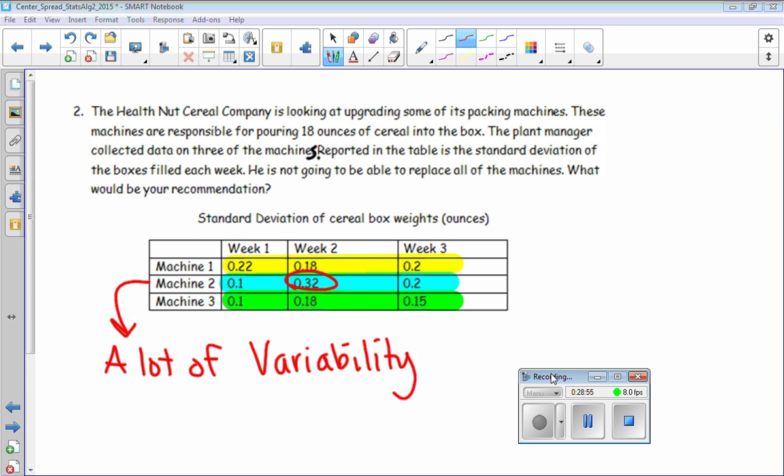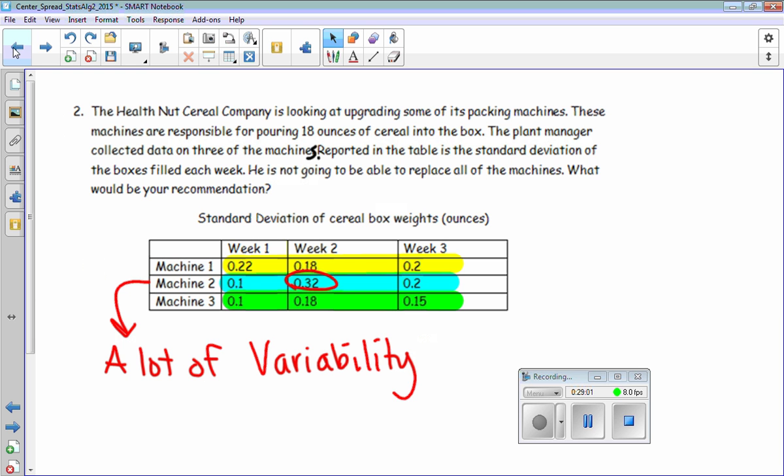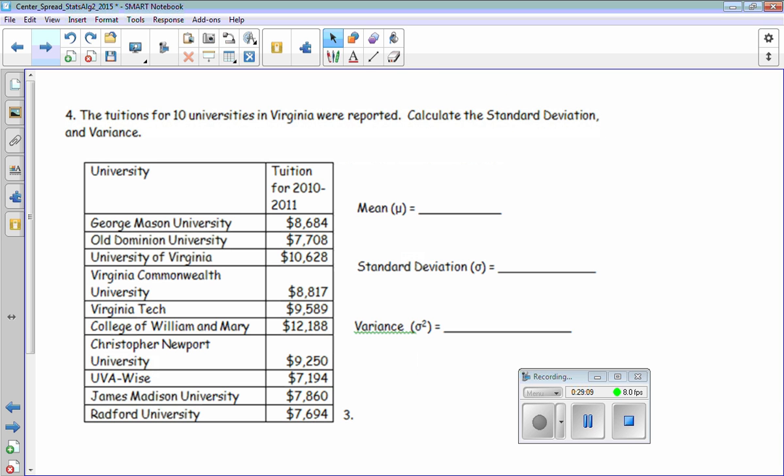All right, so your homework is going to be doing the rest of the standard deviation problems. We skipped number 3 for some reason. You actually see number 3 written right here, it's just a typo. But we're going to do problem number 4. You're going to have to find the mean and standard deviation.